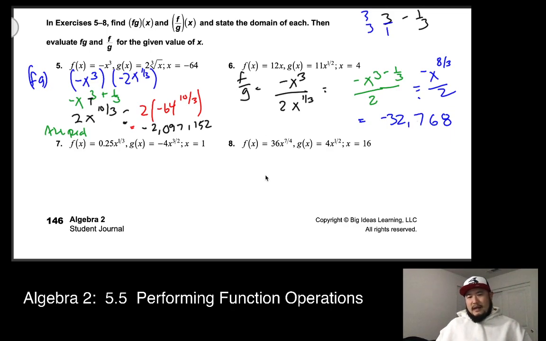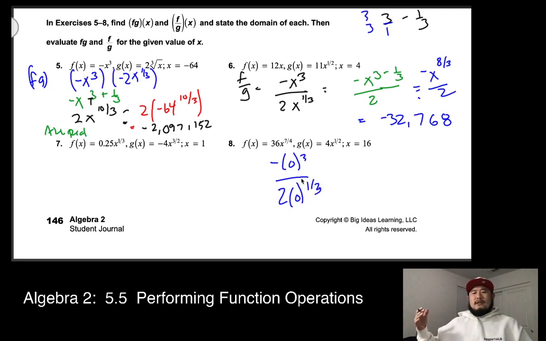If I were to take negative x to the third, or actually, let's go ahead right here. I'll plug in 0. And even without doing anything, you should realize, hey, in my denominator, 2 times 0 is 0, or 0 to the 1/3, 0 times 2, 0.